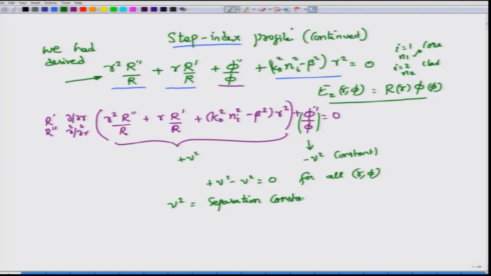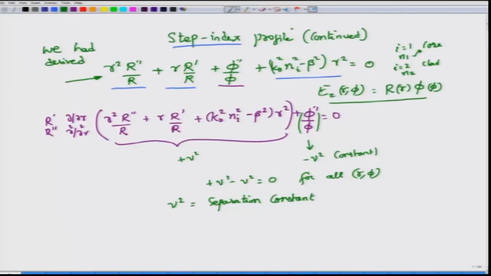Okay. That is the reason why we call this method the variable separable method, because we separate the variables by writing the unknown solution as the product of functions of individual variables. Then when you look at the resulting differential equation, you have terms which are a function of only one coordinate and a function of another coordinate.